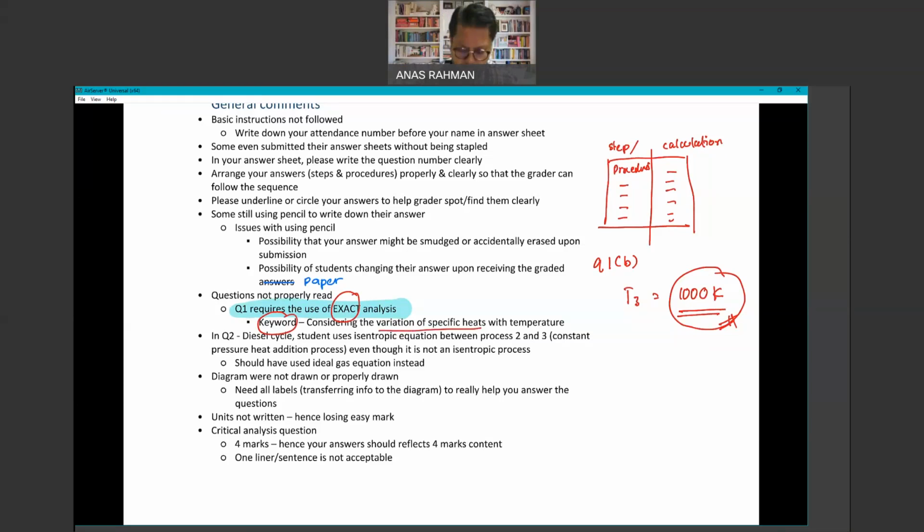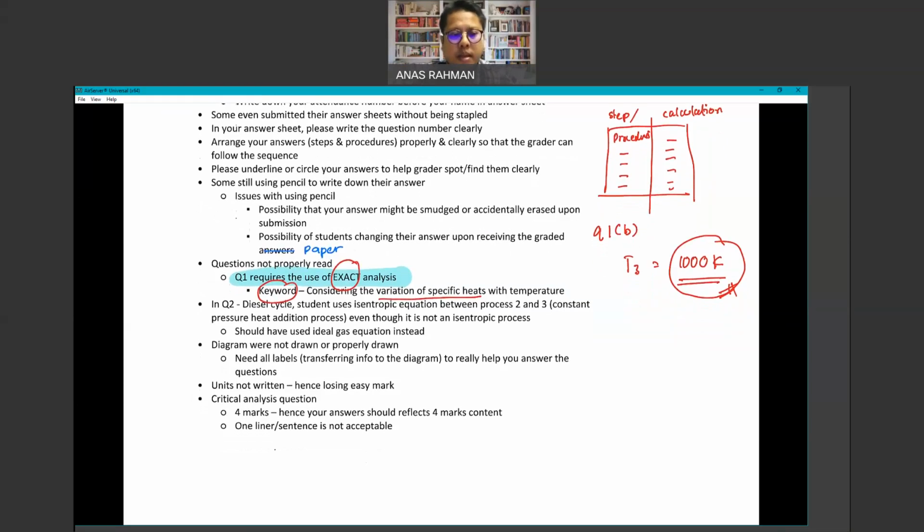And in question 2, which is the diesel cycle, some students were still using the isentropic equation between process 2 and 3. We are going to look into detail in a bit, but 1, 2, 3, 4.